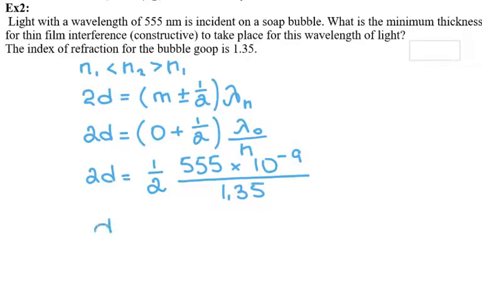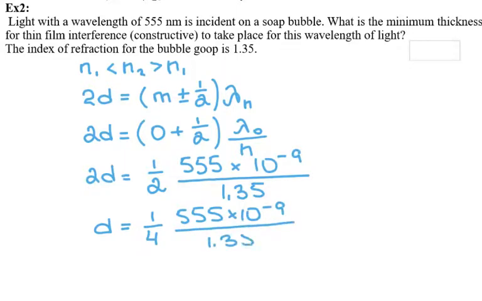So here d is going to be equal to 1/4 times 555 times 10 to the negative 9, divided by 1.35, and that is equal to 102.8 times 10 to the negative 9 meters, or 102.8 nanometers.